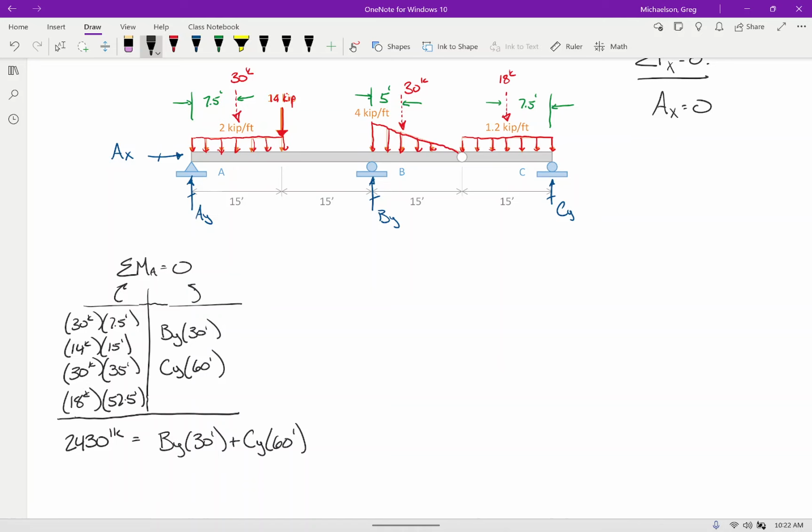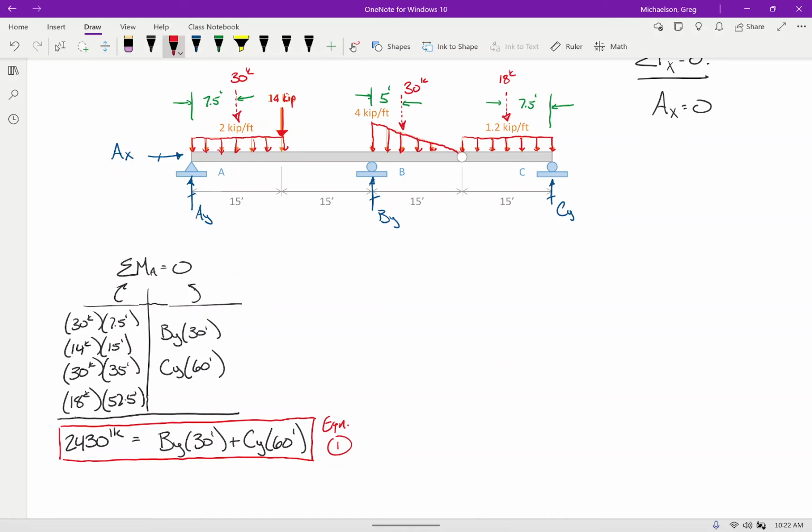Okay, so here's what I'm going to do. I'm going to box this. I'm going to call this equation 1, and I'm just going to keep it in the back of my head. I can't do anything with it right now. I'm going to do something with it later, but this equation does not independently tell us what BY or CY is.